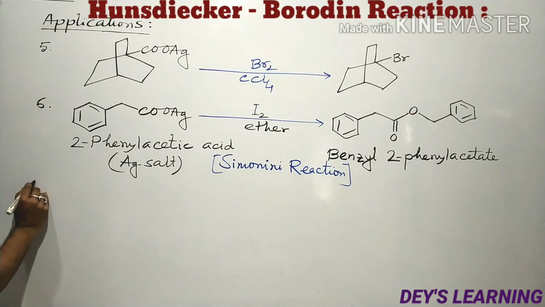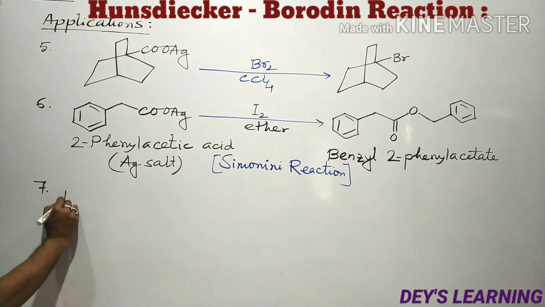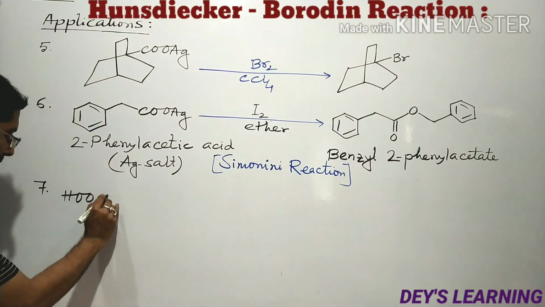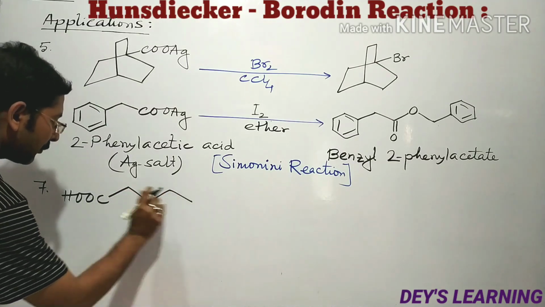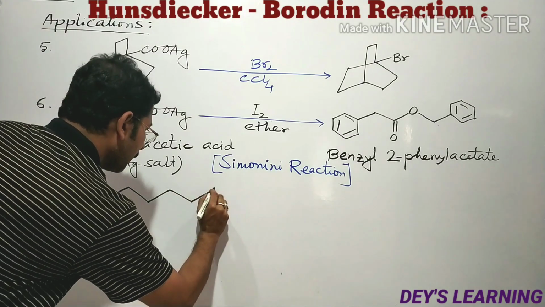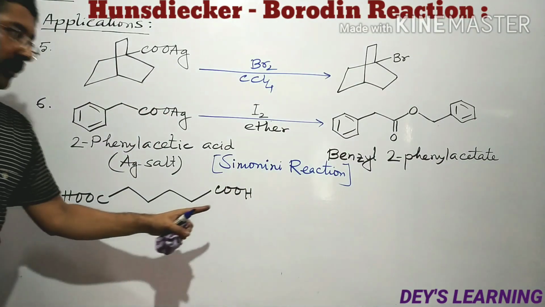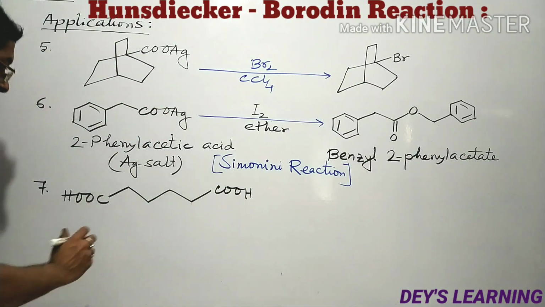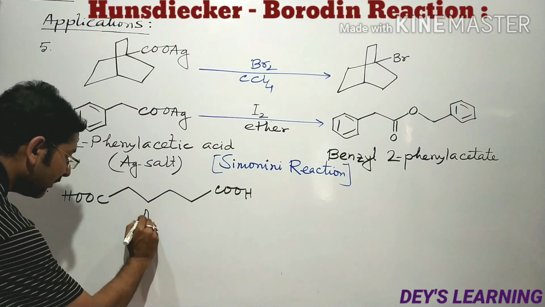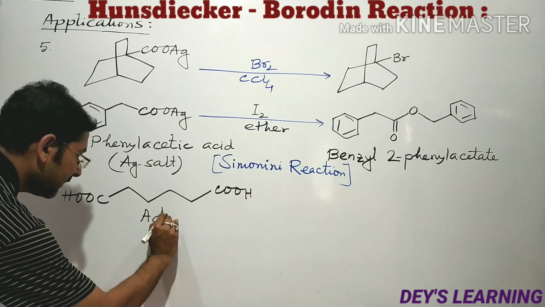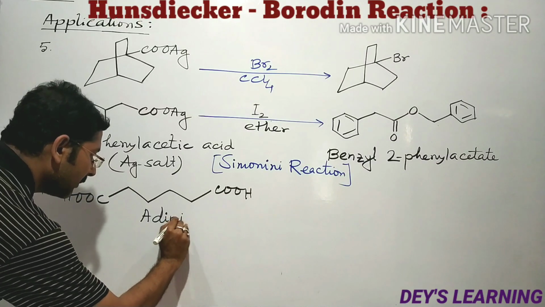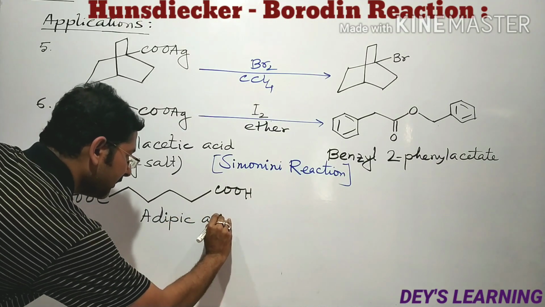In the next example, consider the molecule 1 2 3 4 1 2 3 4. This one is a 6 carbon dicarboxylic acid. This one is known as obviously adipic acid.